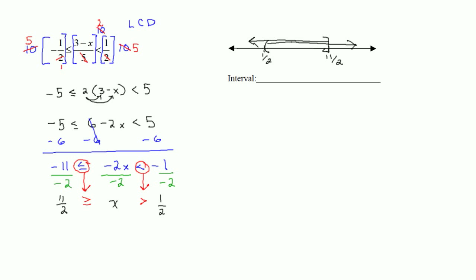And filling in the overlap so that we know this is our actual intersection. Again, we know we want the intersection and not the union because this is an and statement, and we know that it's an and statement because only and statements can be written in this compact form. So we go from 1/2 to 11 halves with a round bracket at 1/2 and a square bracket at 11 halves.